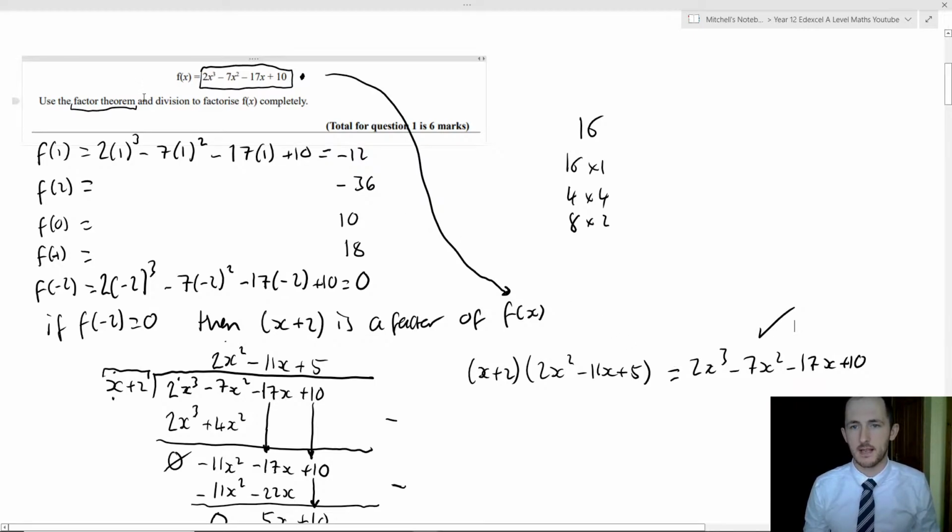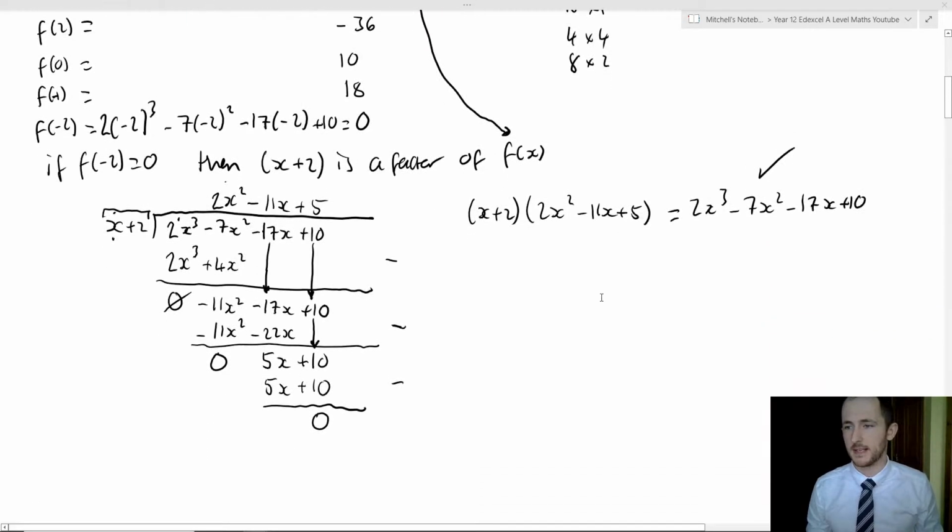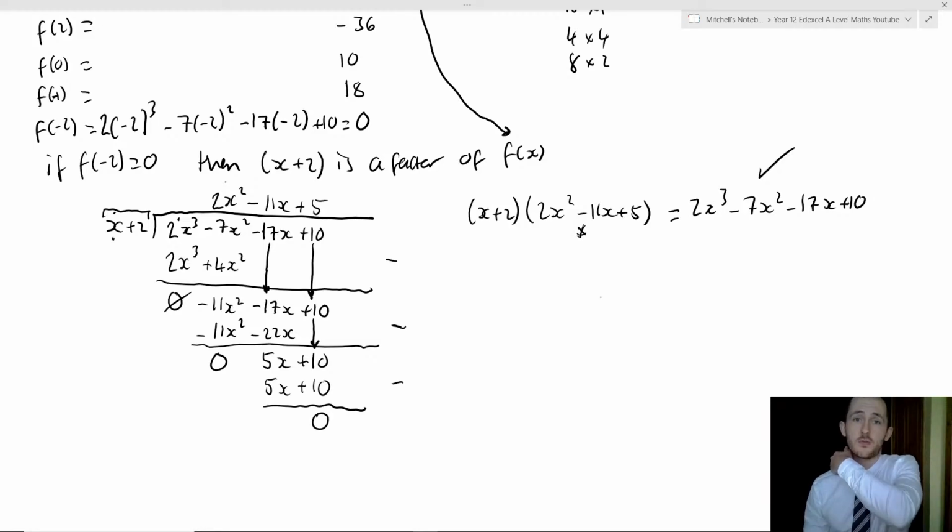But now it says, use this to factorize this completely. Okay? So to factorize this completely, what we need to do is factorize this quadratic. We've factorized quadratics a million times in GCSE, so it should be okay. We're looking for two numbers that times to AC, which is 2 times 5, which is 10.